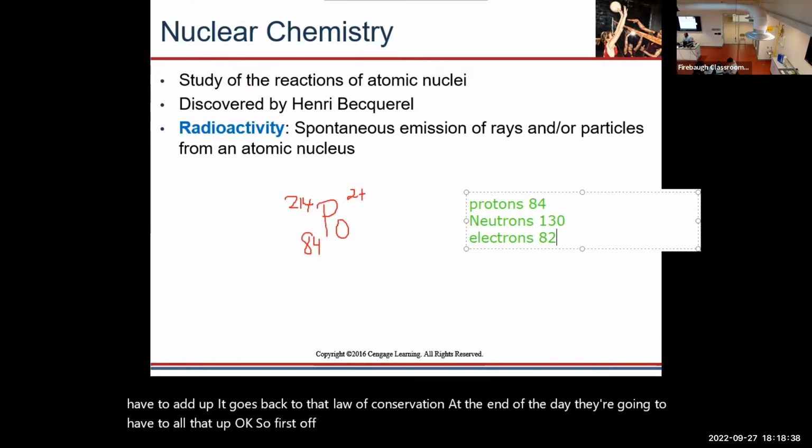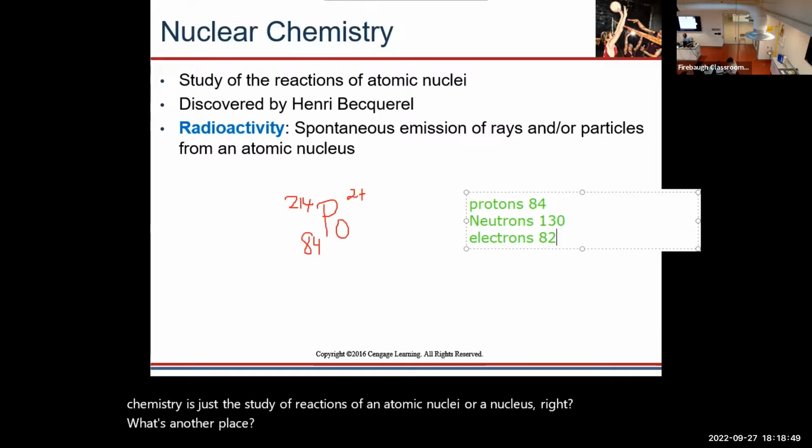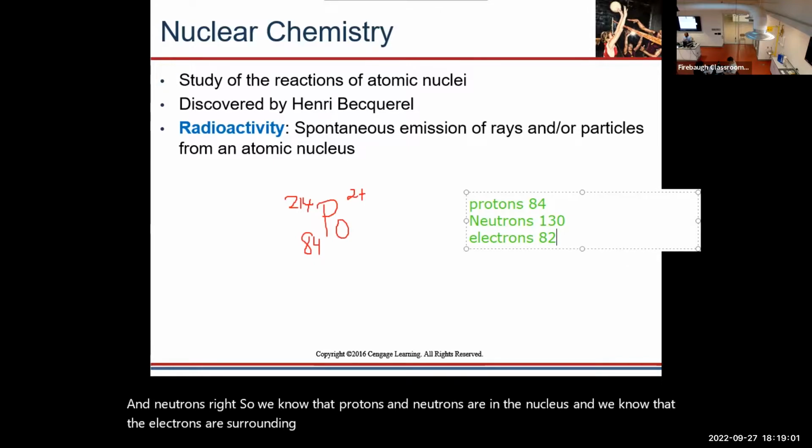What is nuclear chemistry? It's just a study of reactions of the atomic nucleus. Right? What's in the nucleus? Protons and neutrons, right? So we know that protons and neutrons are in the nucleus, and we know that electrons are outside. So when we're talking about nuclear chemistry, we're looking primarily at the nucleus.